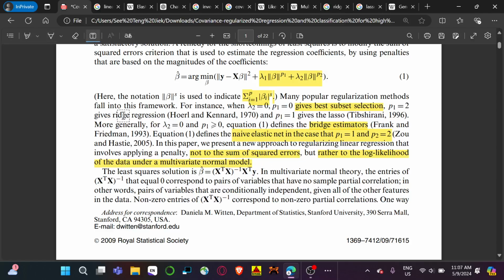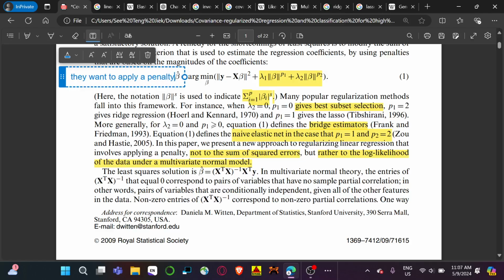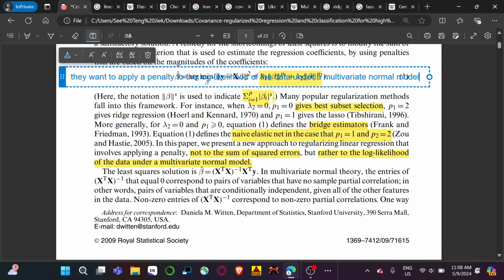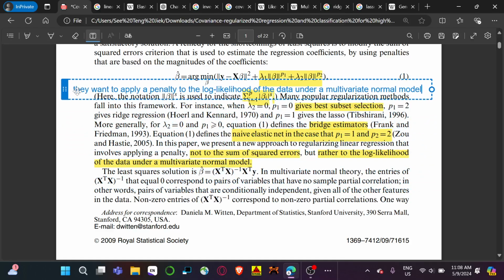I think that's quite an important phrase there, right? That's what they're trying to do.